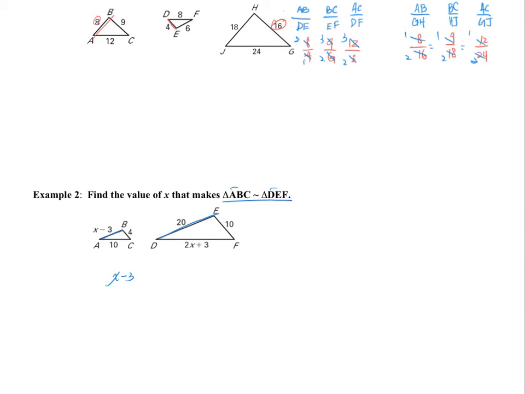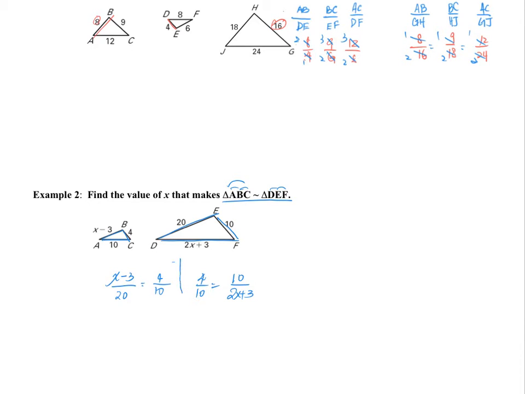Don't just go with the picture. x minus 3 to 20, we can set up a proportion, and I could do BC to EF, 4 to 10. And then I could set up another one, 4 to 10, AC, and DF is 2x plus 3.